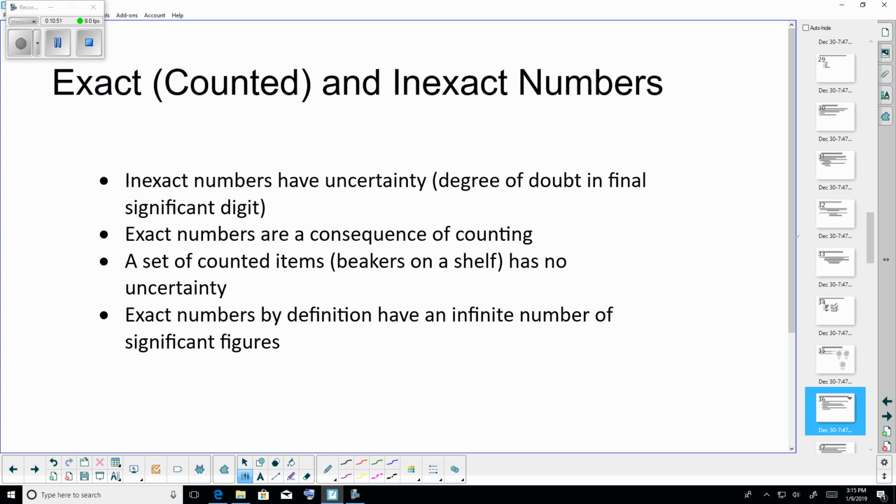So exact numbers are a consequence of counting. If I count the number of people in this room, I'm going to count 26. So I know there's exactly 26 people in this room. There's not 26.2 people. There's not 25.8. There's exactly 26. So that's an exact number.